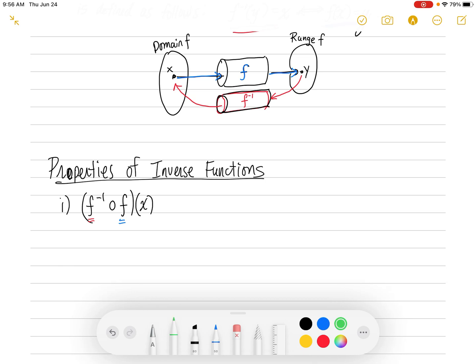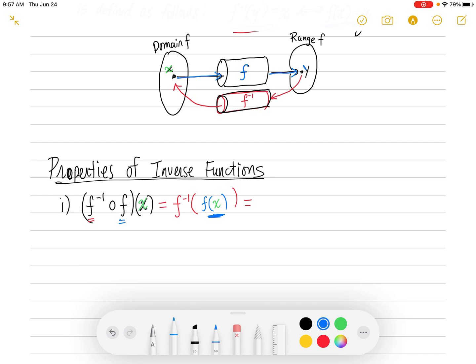Now let's think about that for a second. So f inverse is red, f is blue, and x, let's say, is green. Remember how this works with composition. On the outside, you have the left function, which is f inverse, and on the inside of that, you have f of x.